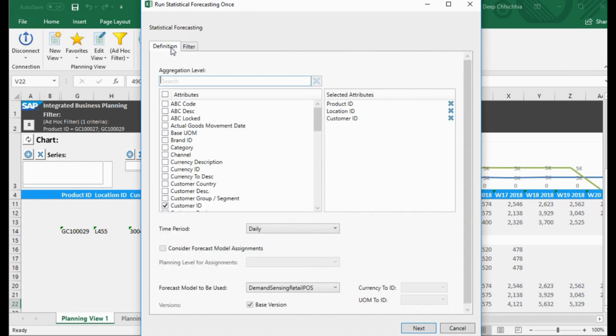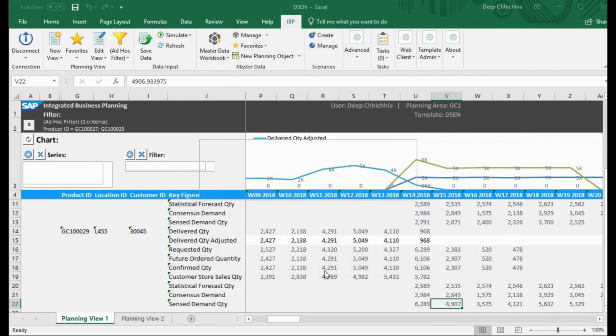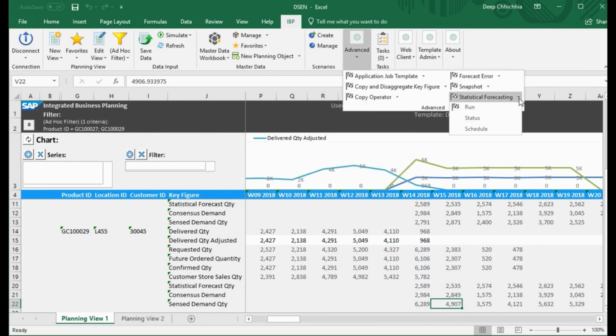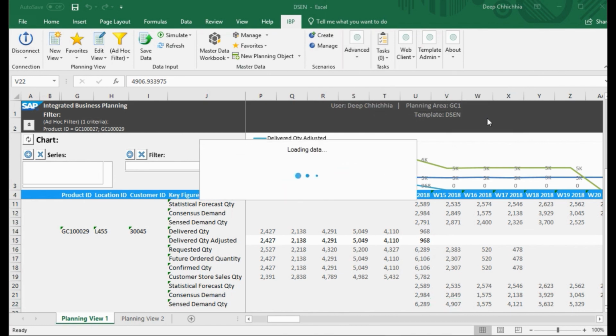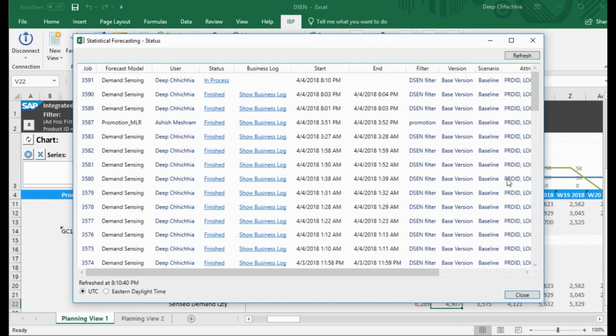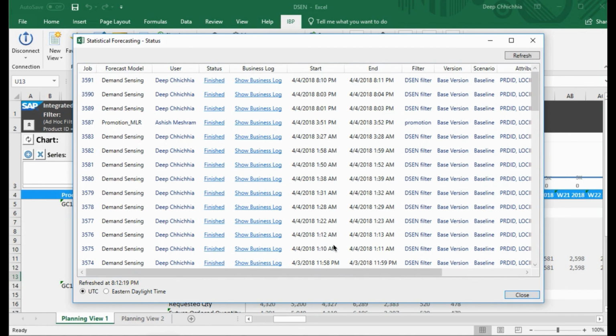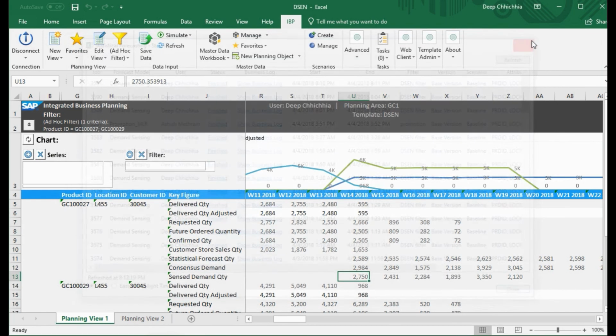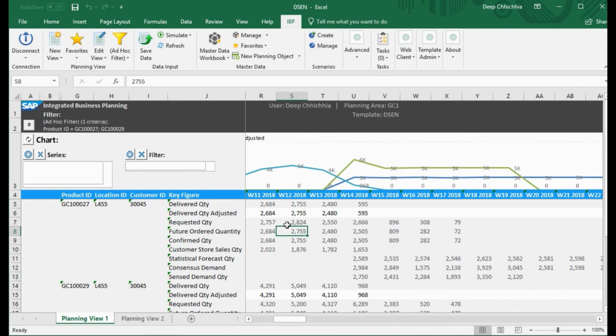Filter for our products. Now that this algorithm has finished running, let's analyze our results.